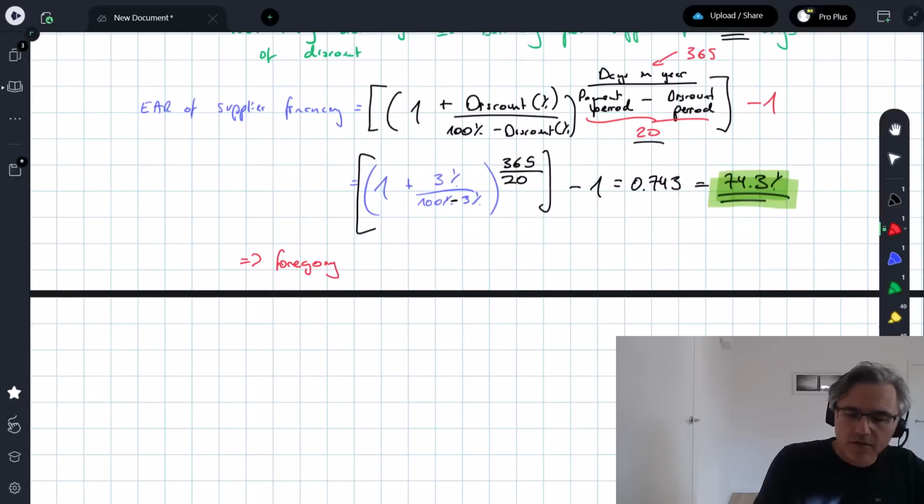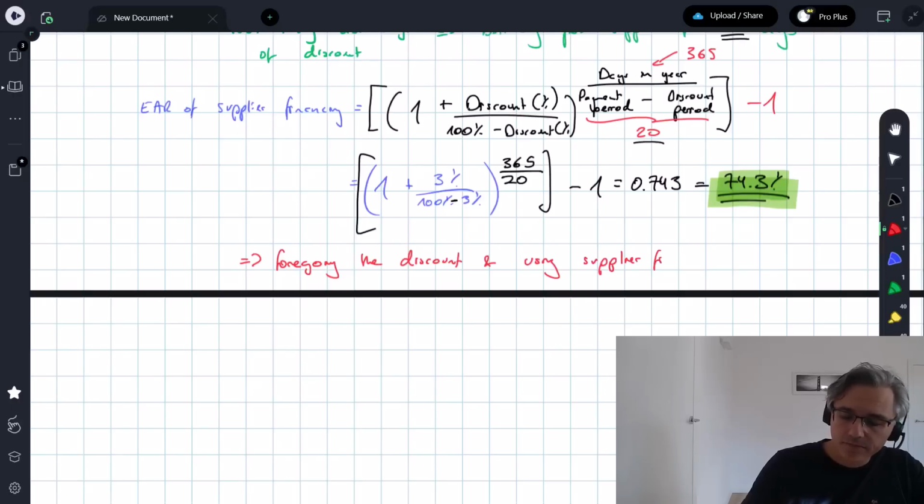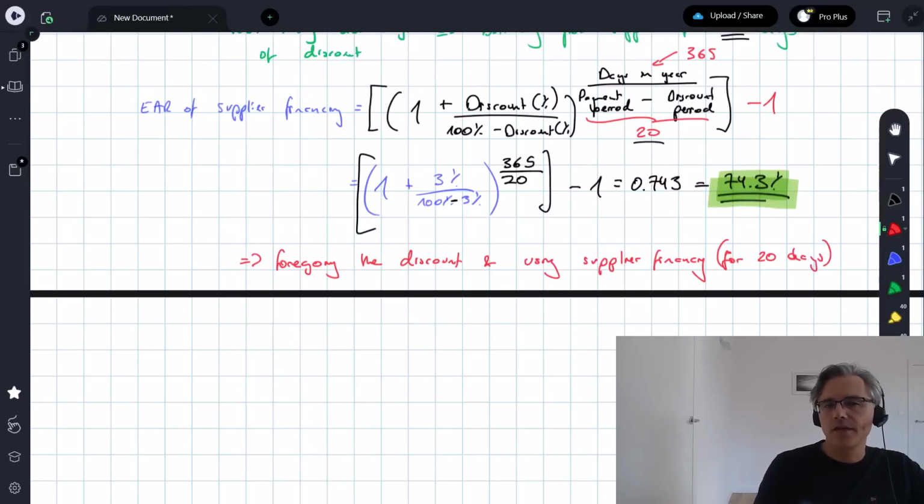Foregoing, that is, not using the discount, and instead using the supply of financing for those extra 20 days beyond what you would get anyway, the 10 days you would get, is very expensive.